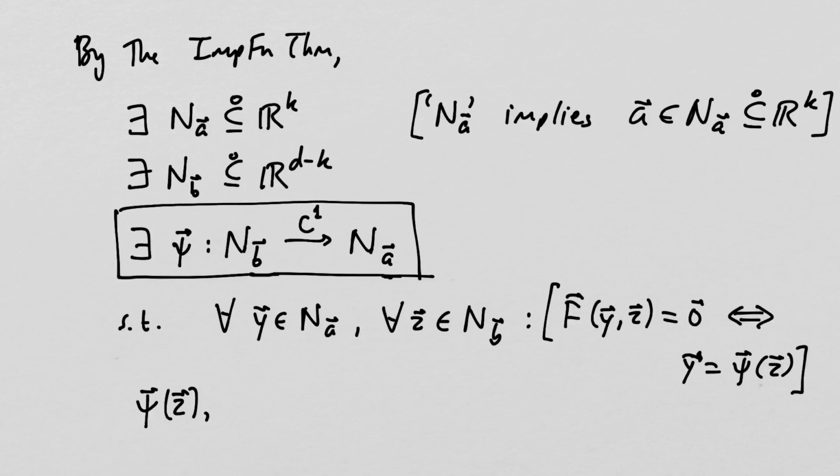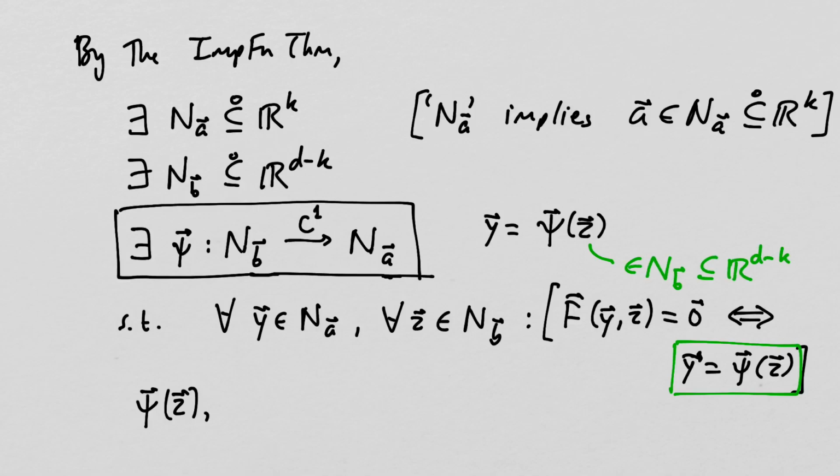So if you were a little confused at that point, just realize now that it really should be this way. That's the direction, because psi is going to be a function of z, and it's going to equal y. That's what this equation right here says. So z is the thing that's near the point B, and that's in d minus k space. Y is the thing that's near A. That's in k space. Because we're solving for k of the variables in terms of the remaining d minus k.